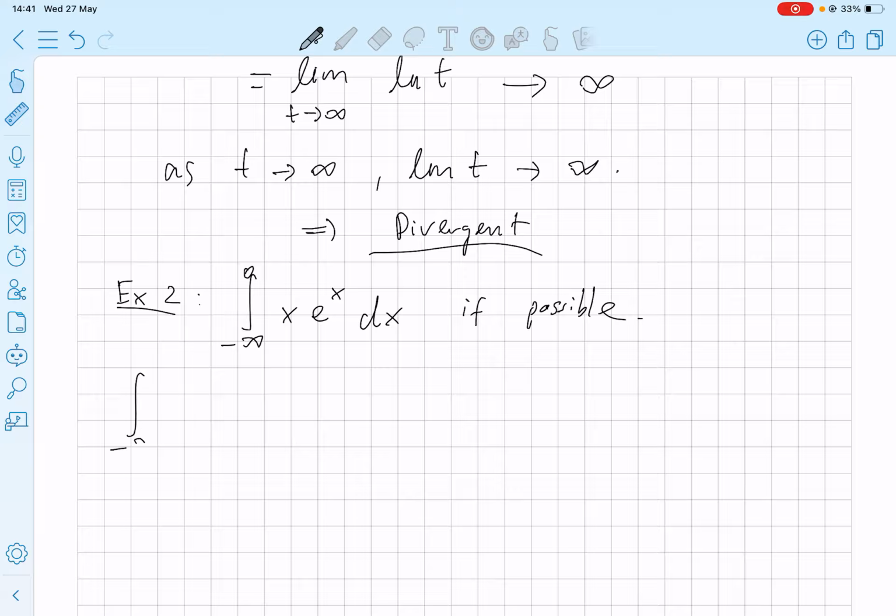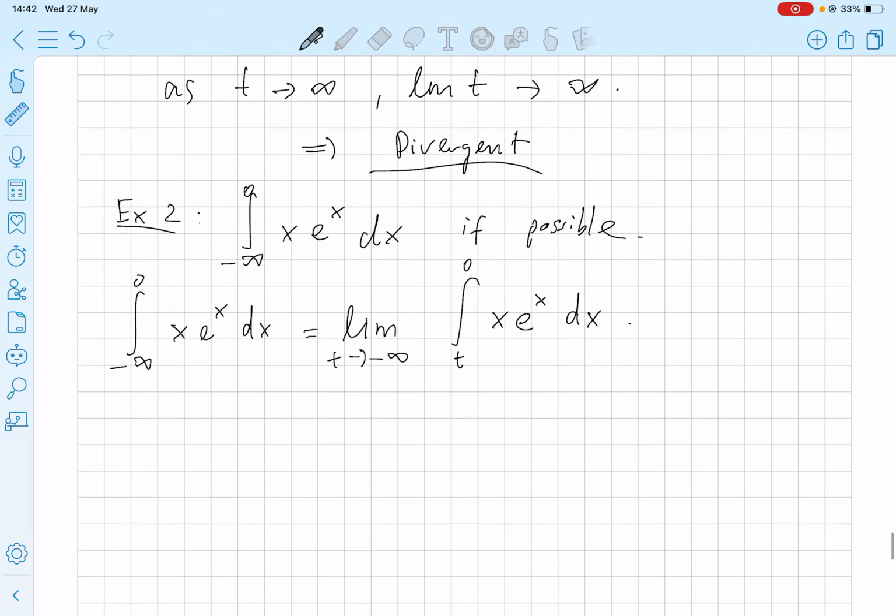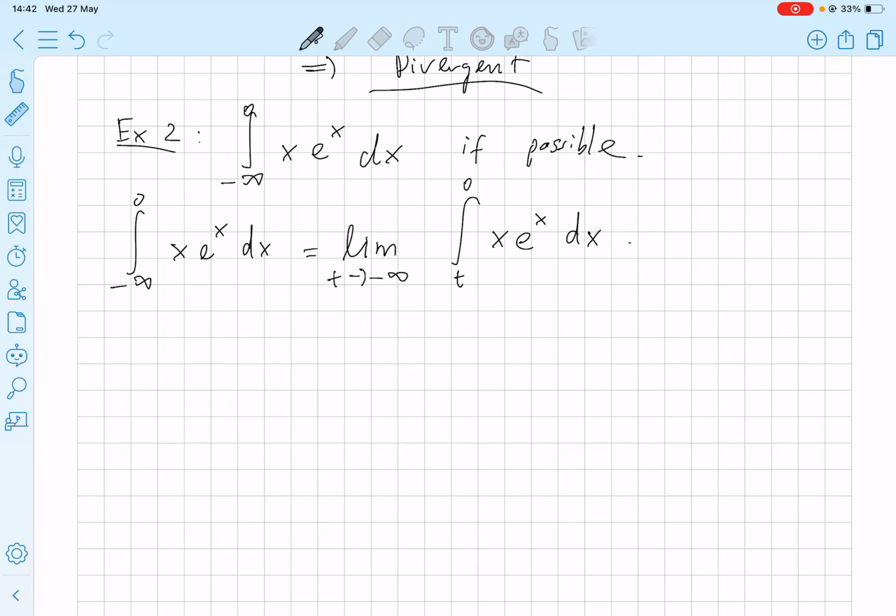First apply the formula I provided early in the video, and this integral equals the limit as t approaches negative infinity of the integral from t to 0 of x e to the power of x dx. First, evaluate the indefinite integral.